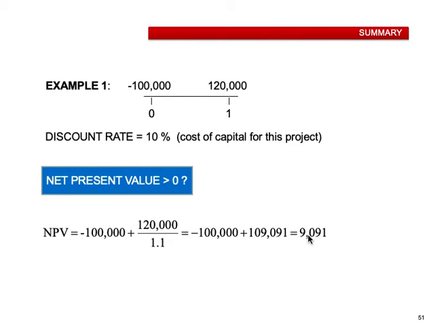So the NPV is positive for the simple reason that the present value of the cash inflow is larger than the present value of the cash outflow at T0. And therefore we have a positive NPV. And our conclusion would be that we need to go ahead with the project.